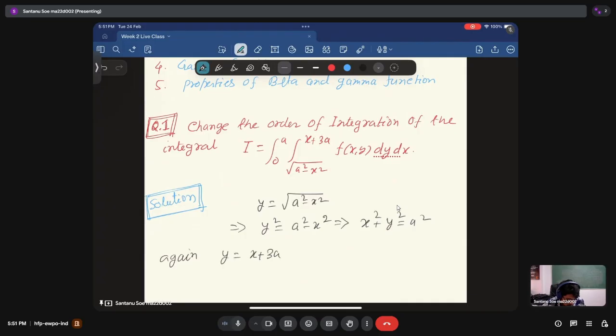So this is a straight line which is passing through the point 0, 3a, that is the intercept is 3a. Limit is varying from 0 to a, correct? So these are the limits of x and y that are given. So now we can try to draw the region in which we are doing the integration, correct?